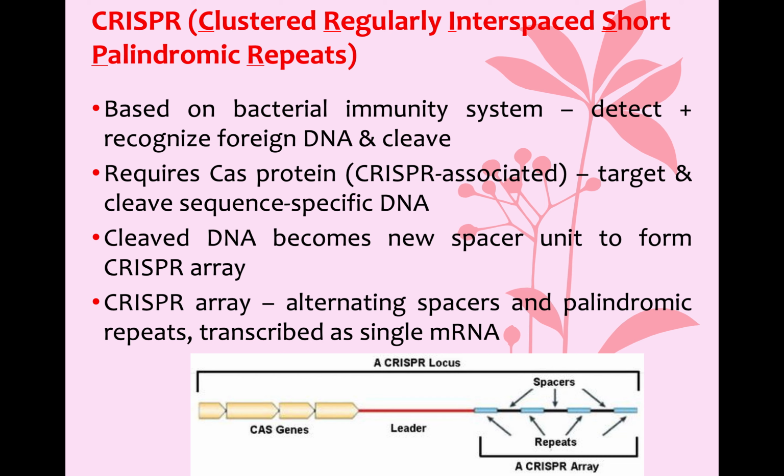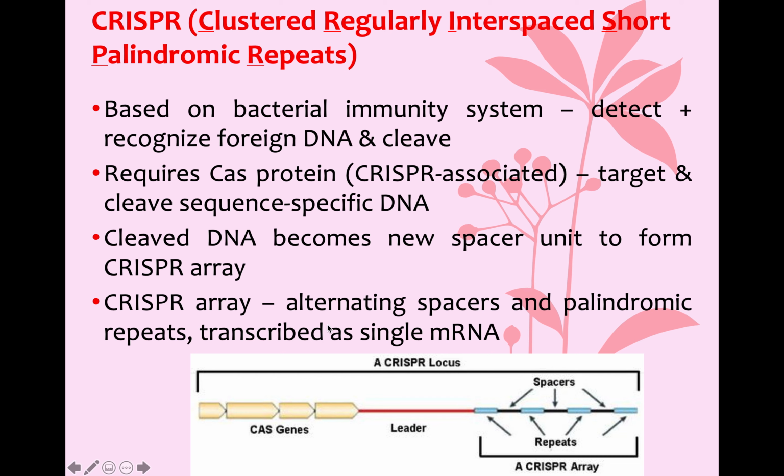To do that, it requires the Cas protein, which is CRISPR-associated, that functions to target and cleave sequence-specific DNA. So it is more specific than your normal nucleases. That's why you couldn't just use any nuclease, although some of the TALENs and some zinc finger nucleases could be used. Cleaved DNA later becomes a new spacer unit to form the CRISPR array, as you will see over here, more or less similar to transcription, remember?